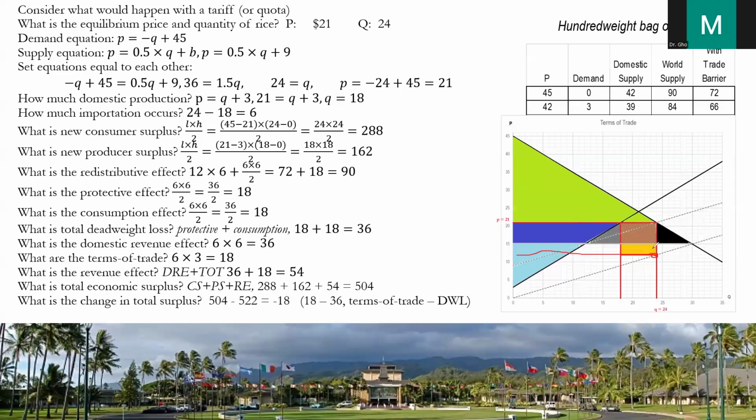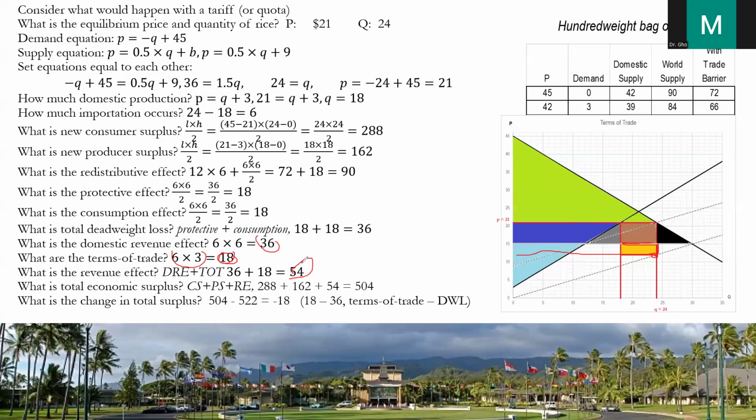And 12 up to 15 is going to be 3. So we have a height of 3 and a length of 6, which is going to be 18. So the terms of trade that we have is 18. The total revenue effect is the domestic revenue effect plus the terms of trade effect, so it's going to be 54.